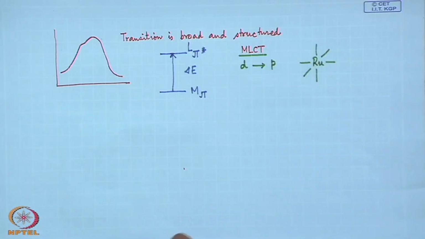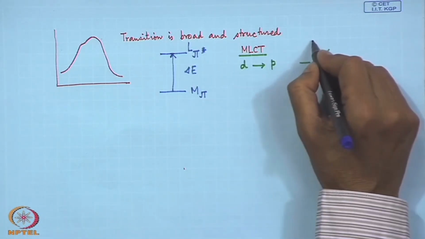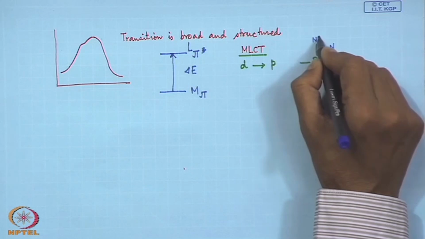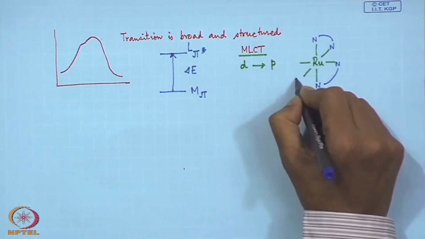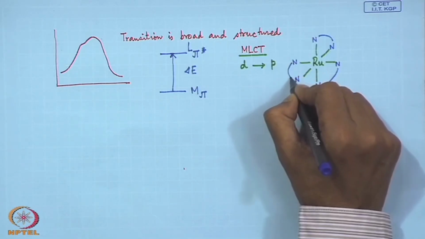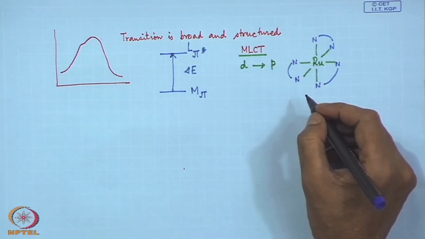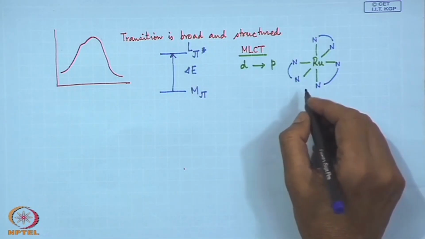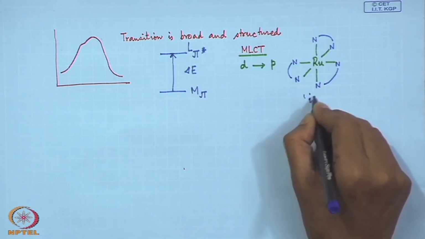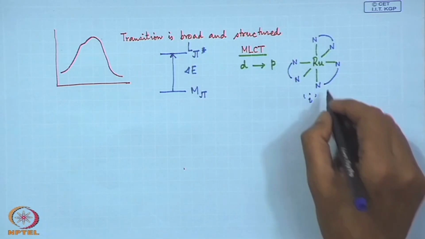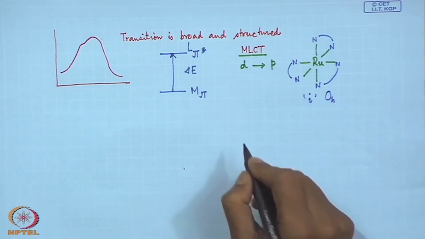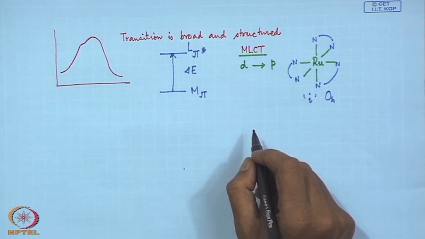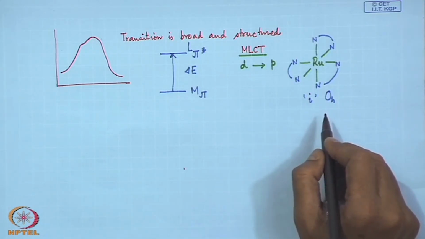So, we have 3 bipyridine ligands attached to the ruthenium center, which is centrosymmetric, that means I is there, and it is fully controlled by the octahedral symmetry group.